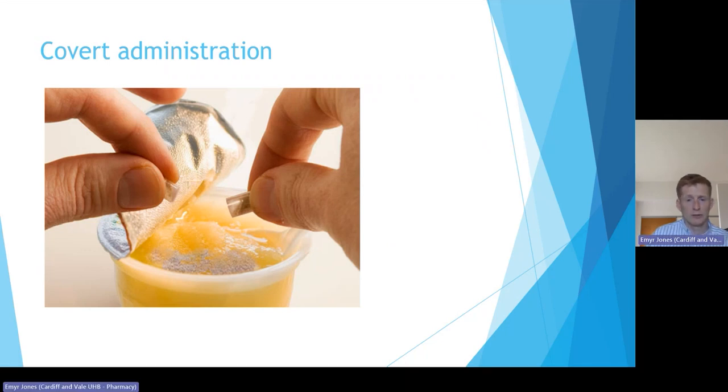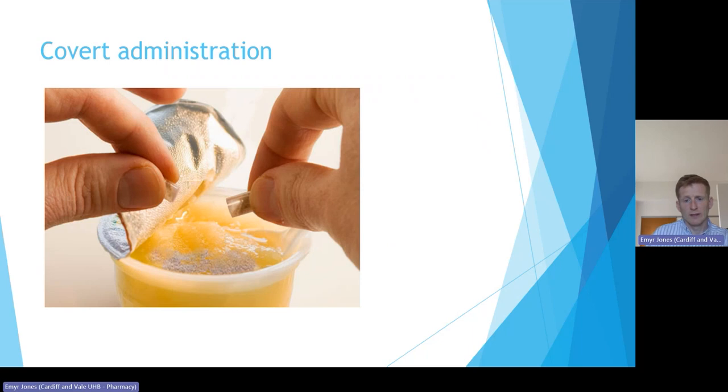Medicines shouldn't be administered covertly until a best interest meeting has been held. However, in an urgent situation, it is acceptable for a less formal discussion to occur between the care home staff, the family and maybe the prescriber in order to make urgent decisions. However, this should be followed by a formal meeting as soon as possible.